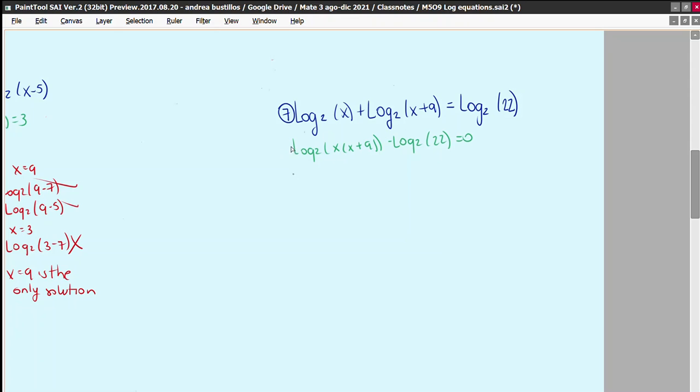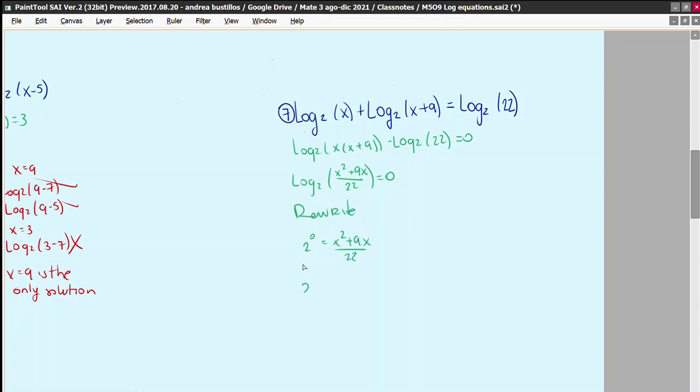Now I have two logarithms subtracting, meaning I can rewrite it as a quotient, and this is (x squared plus 9x) over 22. Now I can rewrite it because my logarithm is completely isolated, so this is 2 to the power of 0 equals (x squared plus 9x) over 22.